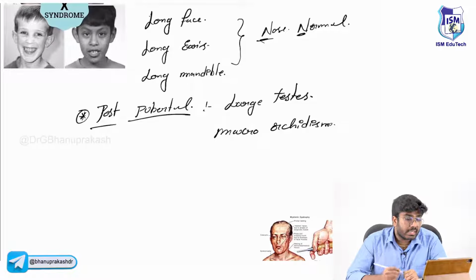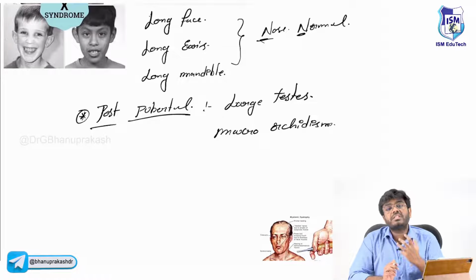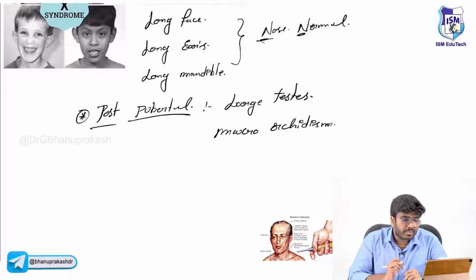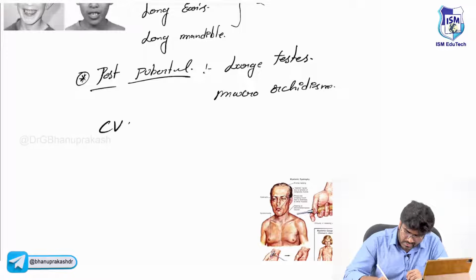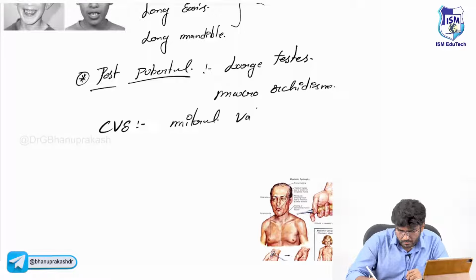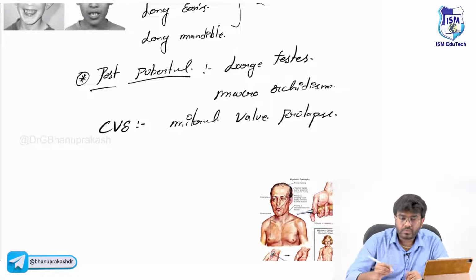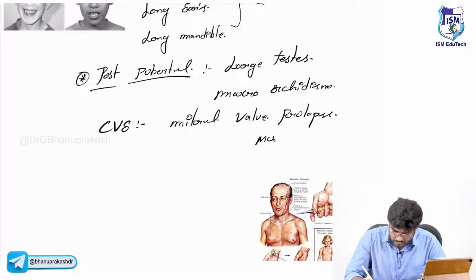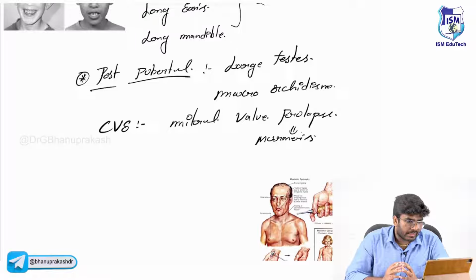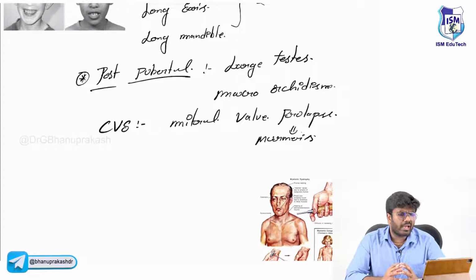Apart from this, what else? These patients are going to have a CVS problem. Which CVS problem? These patients are going to have mitral valve prolapse. So these patients can also have mid-systolic clicks and murmur, because of this mitral valve prolapse.